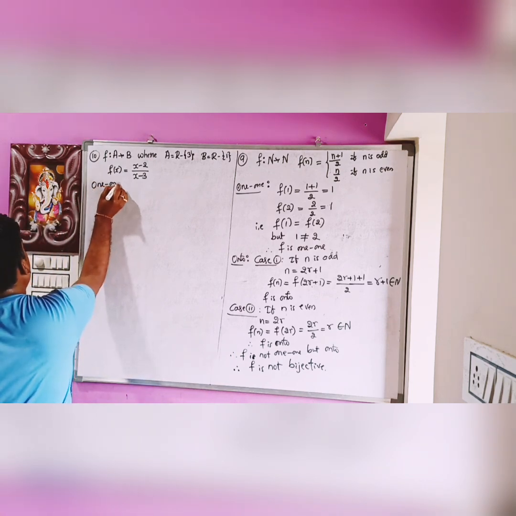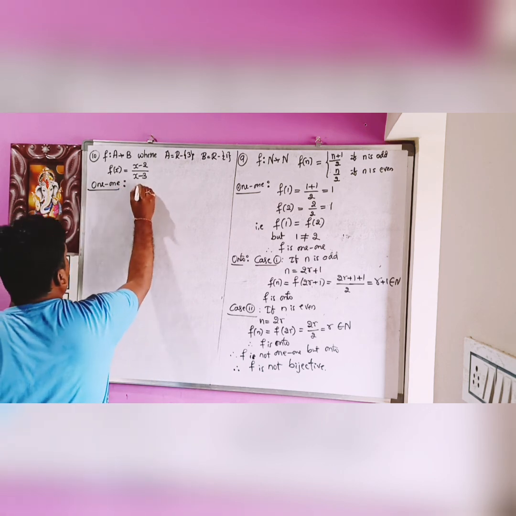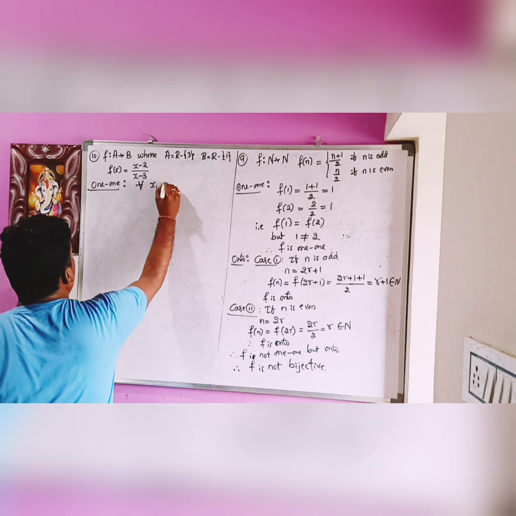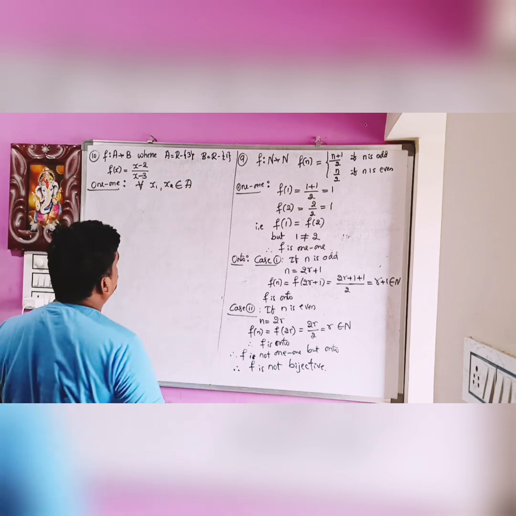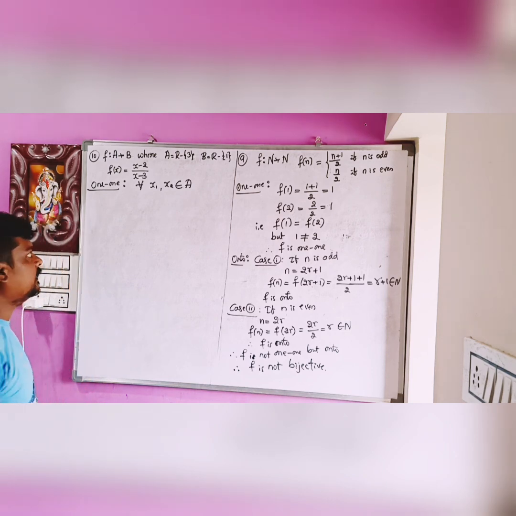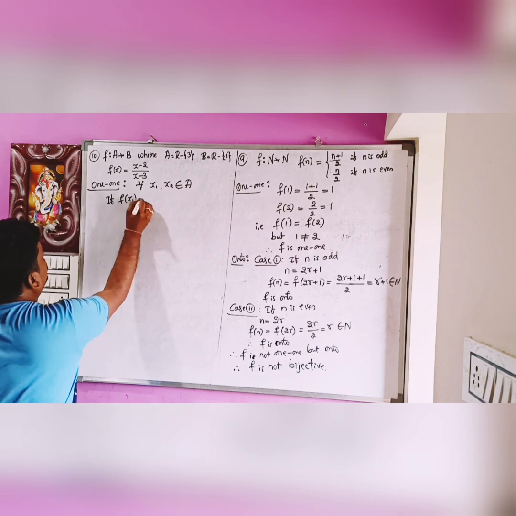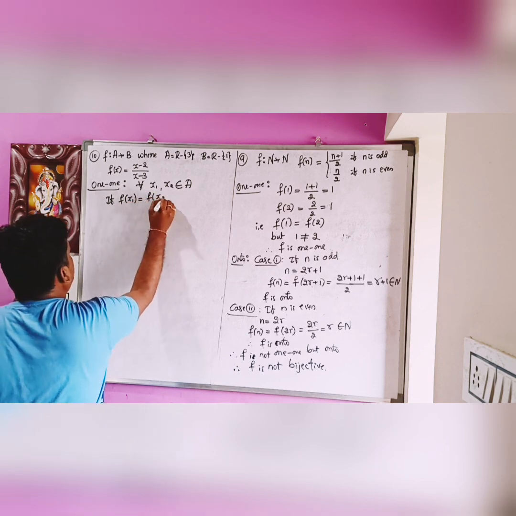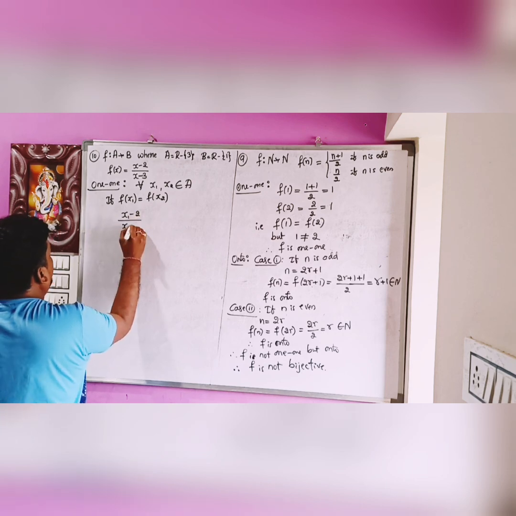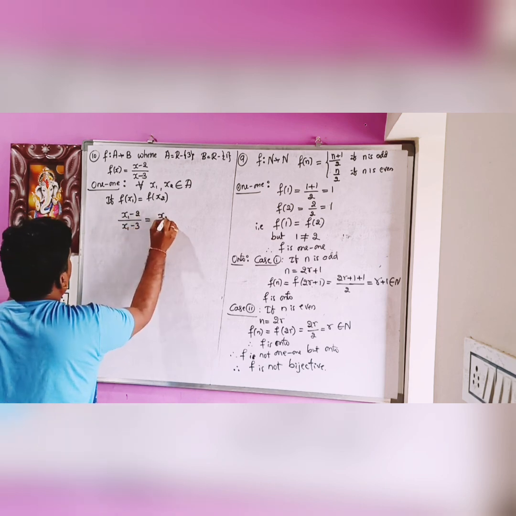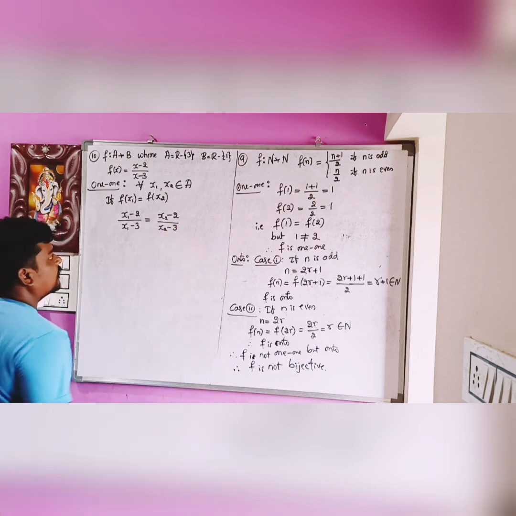1-1 case. For all x1, x2 belonging to capital A, in the domain, if f of x1 is equal to f of x2, that means x1 minus 2 divided by x1 minus 3 equals x2 minus 2 divided by x2 minus 3.